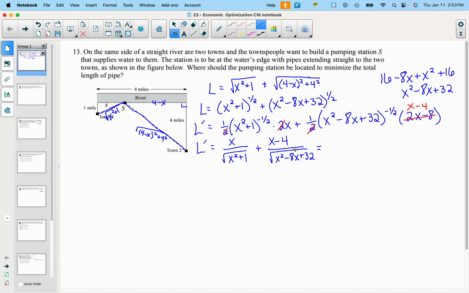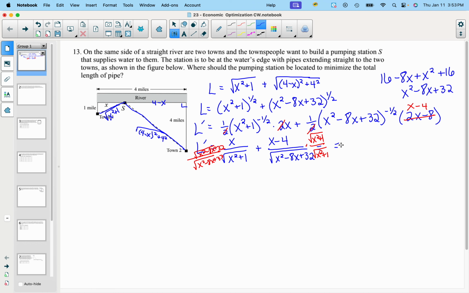I'll keep going. If you were going to find a common denominator on this, you're going to multiply this fraction here, I'm not going to write it all out, by, well, yes, I will, the square root of x squared minus 8x plus 32 on the top and bottom. And this one, the square root of x squared plus 1 over that itself.